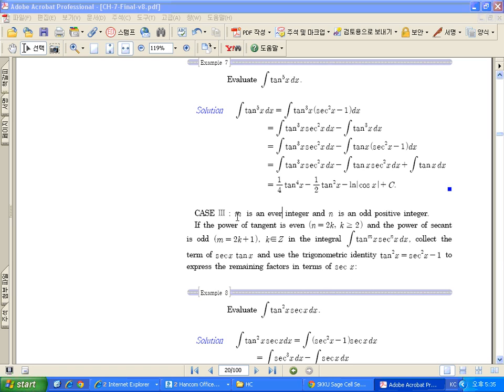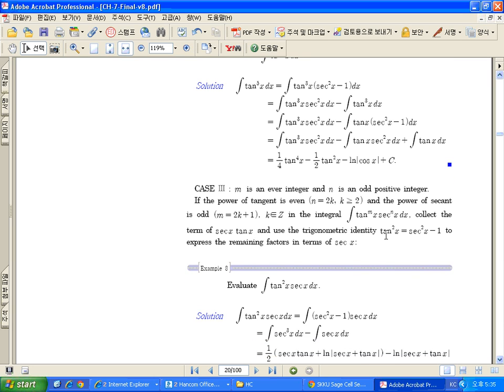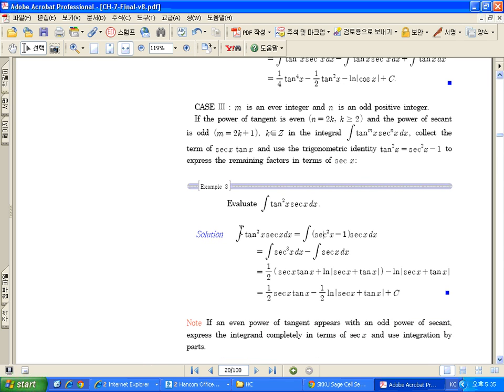Okay, case 3 is if m is an even integer and n is an odd positive integer, then this substitution works, and express the remaining factors in terms of secant x, like this. Tangent square x can be replaced with this, and then let u be secant x.